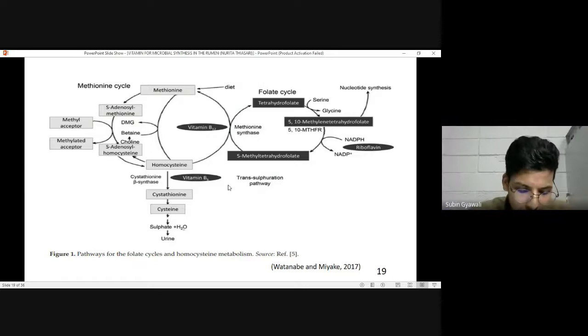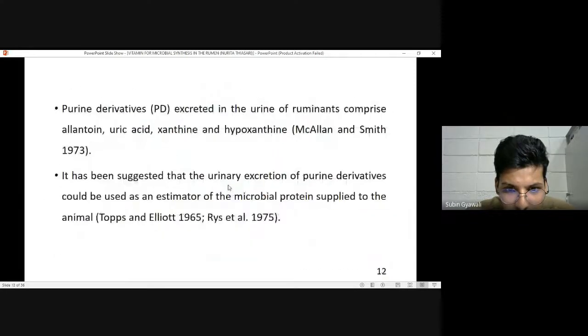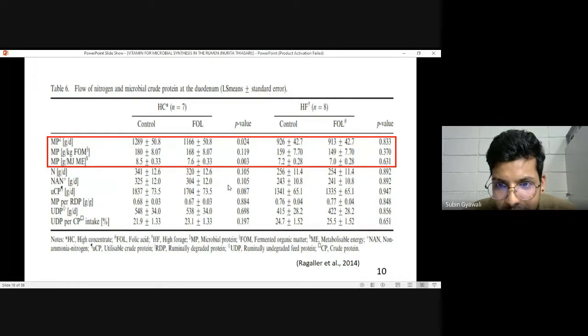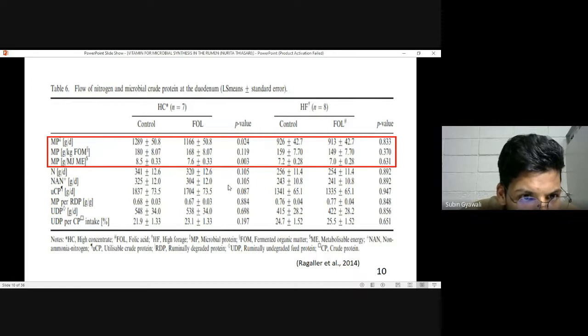Okay, thank you. And I have another curiosity on slides 10 and 11. Can you move to slides 10 and 11? When you describe these two tables, you said that because of less energy, folic acid cannot synthesize enough purine derivatives, or what did they metabolize, MP, right?